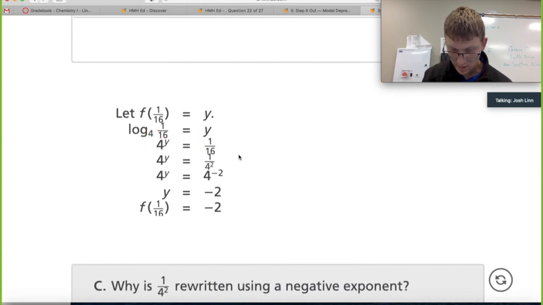Then again, you ask the same question: how many times do I have to multiply 4 together to get 1 over 16? That's when you're going to start using your negative exponents. Remember, if y is negative in this situation, that's like dividing: 4 divided by 4 divided by 4.